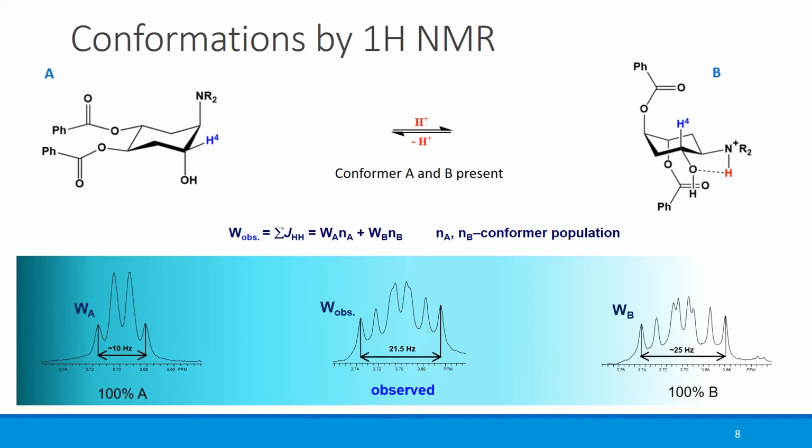A value in signal width between these two endpoints indicates that there's a mix of axial and equatorial conformations within the sample, and we can use it to tell which is more abundant. So W observed is the coupling that is measured by the NMR, and that's what we're using to determine conformer populations, the relative amount of each conformer.